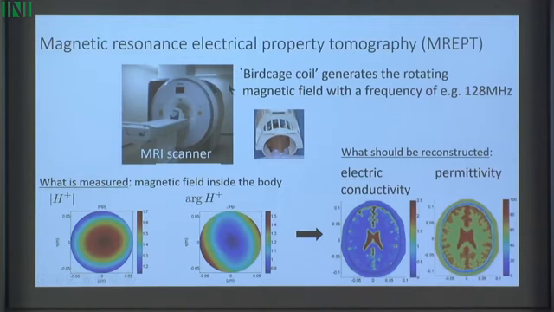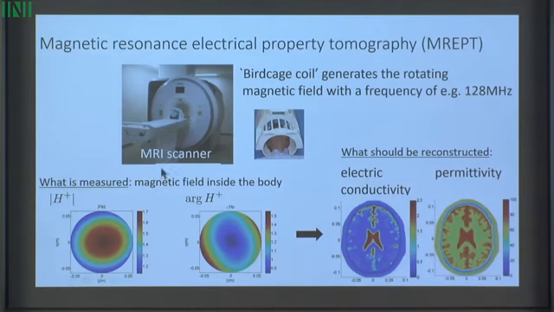In this modality, we simply use a usual MRI device, with a birdcage coil looking like this, which generates a rotating magnetic field inside the human body, at a frequency of about 128 megahertz.